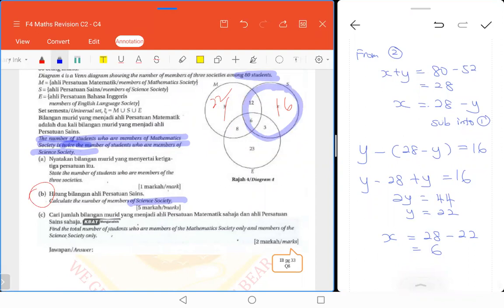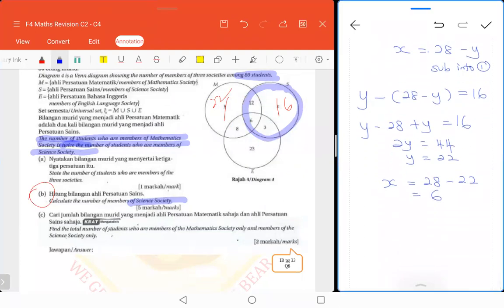So add up all the numbers. 22 plus 6 plus 3 plus 16. Okay, then you'll get the answer. 47 students. Is that all right? So remember, if the digits are given without the dot, it means the number of elements, means how many.